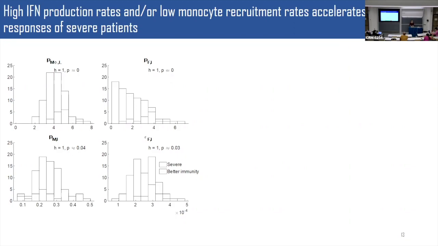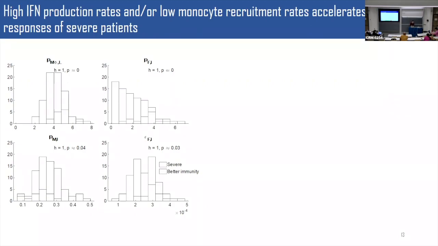Better immunity means the patients who are severe in the primary infection but mild in reinfection. In addition, their IL-6 level decreased more than 15 percent compared to the other patients in our cohort. And severe are the patients who are severely ill in both infections.